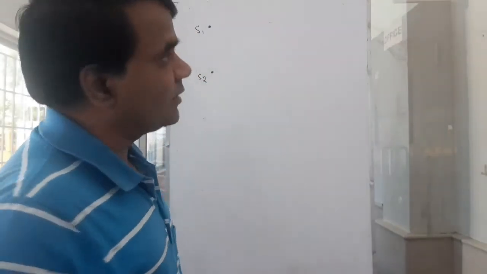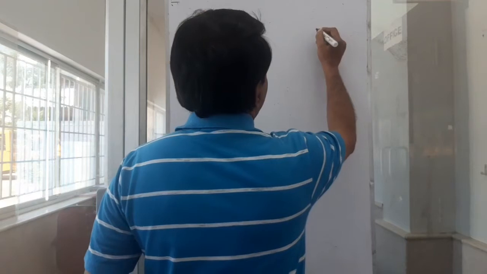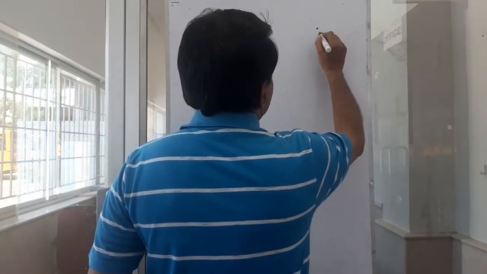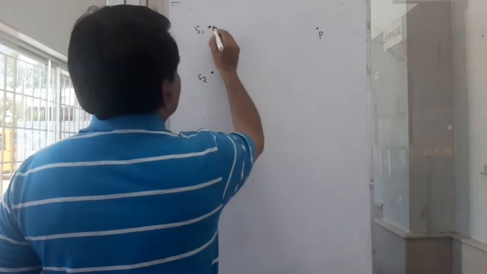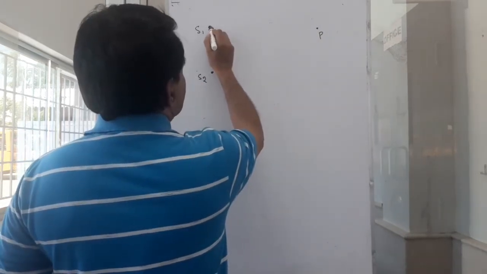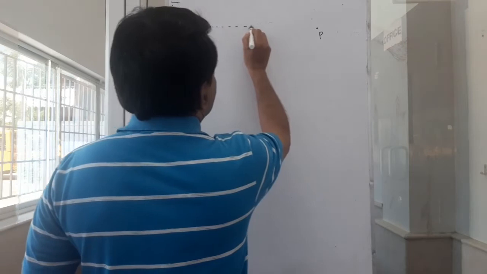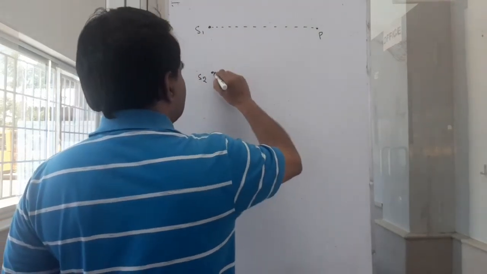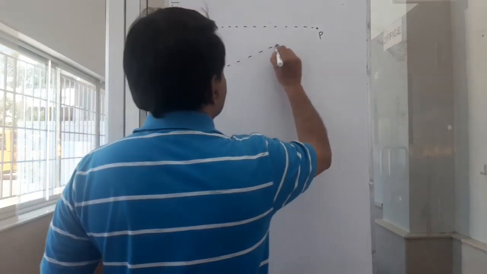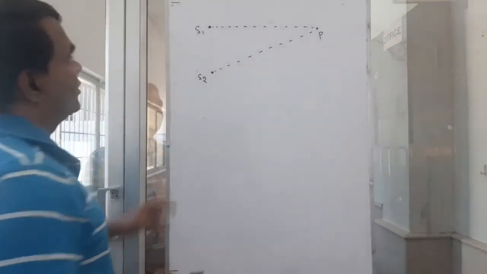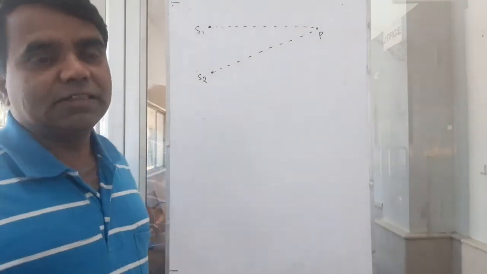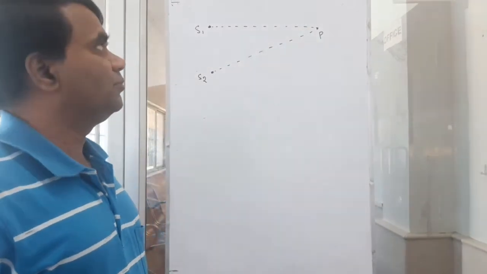For the second part, you have to imagine a point here. Let's say a random point P, and waves will travel from this source to that point, and another wave will travel from the second source to that point, and there the interference will take place.